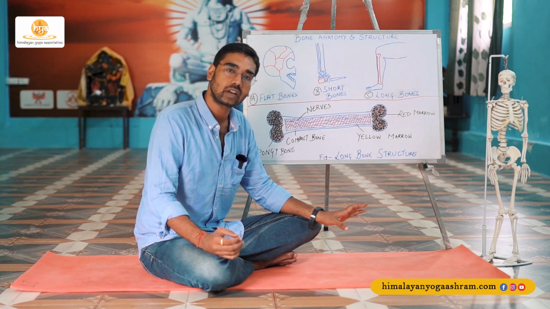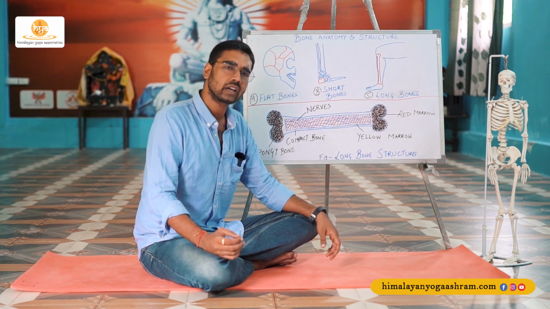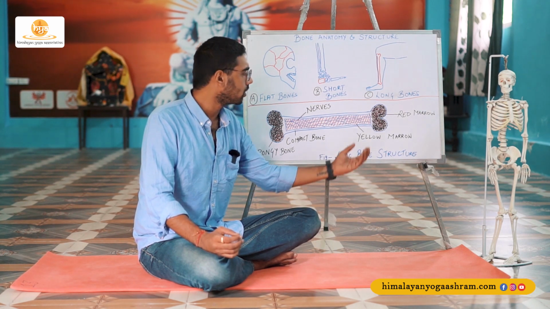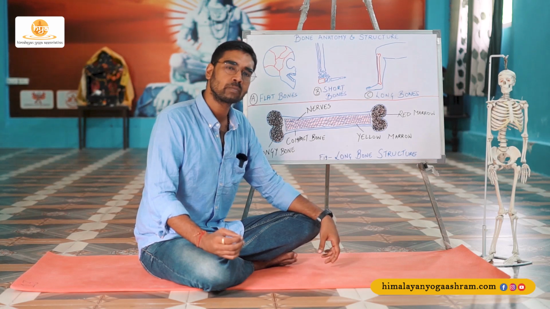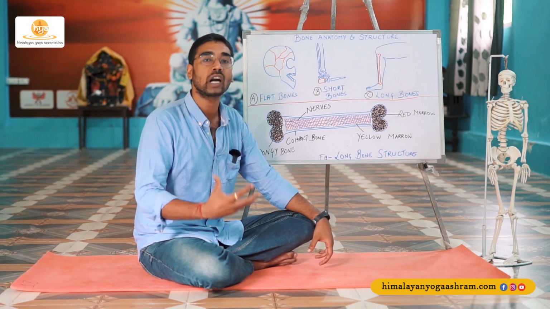Very smart structure, very purposeful, and I'm pretty sure in many cultures there is a theme about eating this specific bone marrow, which also converts into the most nutritious part of the human body.